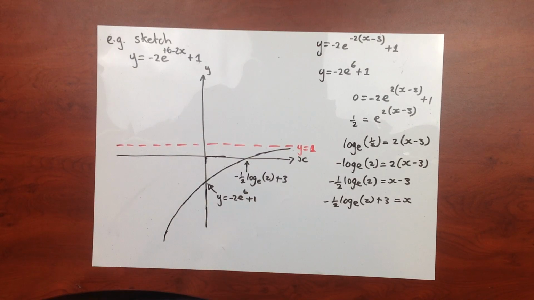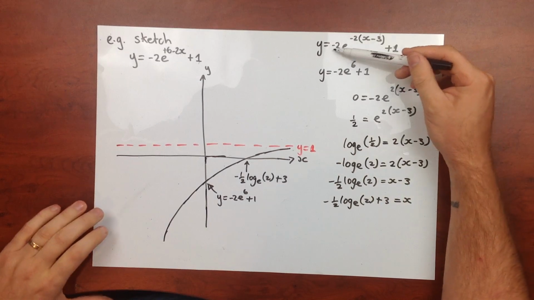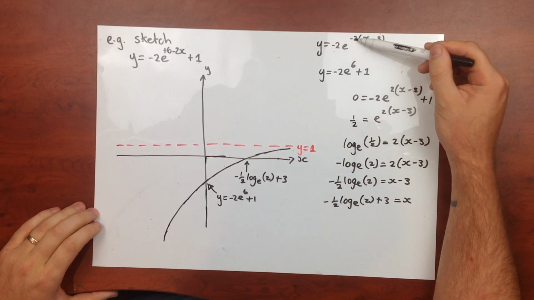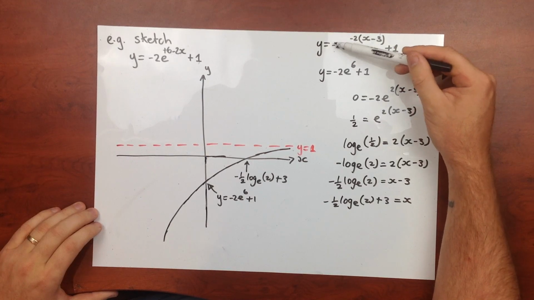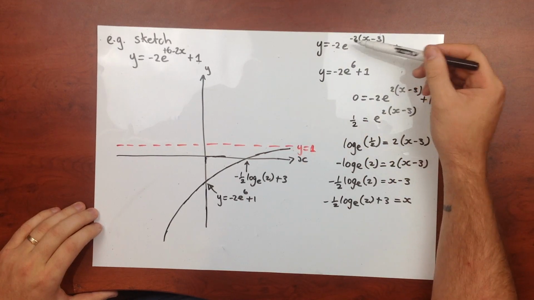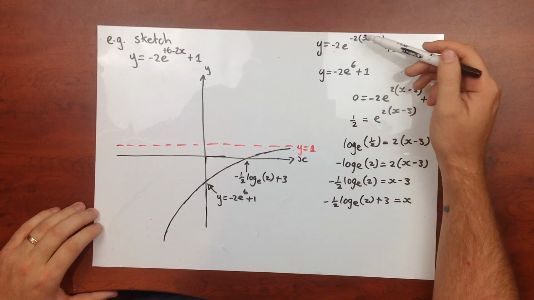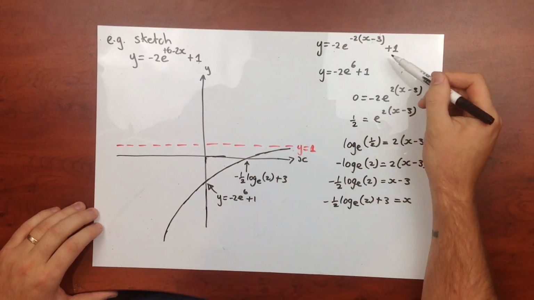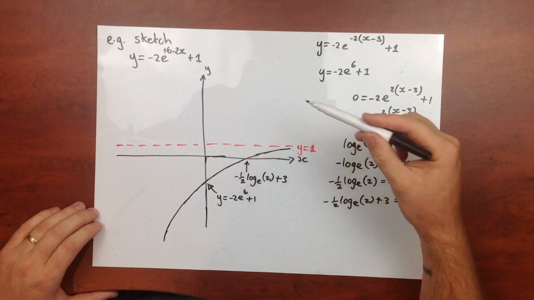Okay. So we need to think about what's actually happened here though too. So we said about reflecting it both directions. It's also been dilated by a factor of 2 in the y direction and a factor of a half in the x direction. We've translated it 3 units to the right because it's negative, and we've also translated it 1 unit up.